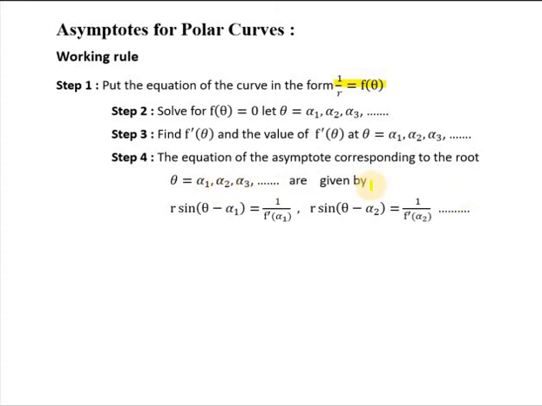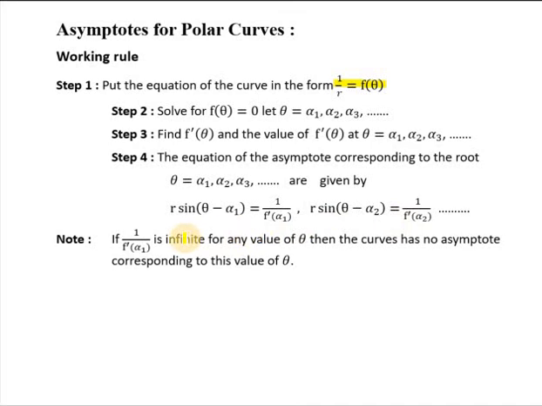So depending on the number of roots, we take the values. Note, if 1 by f dash of alpha 1 is infinite for any value of theta, then the curve has no asymptotes.